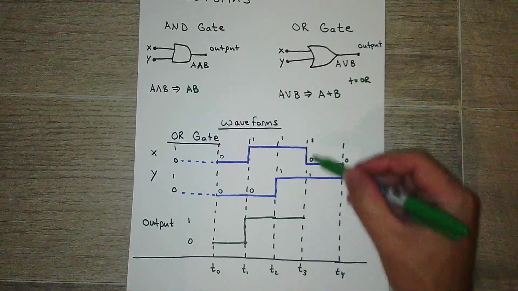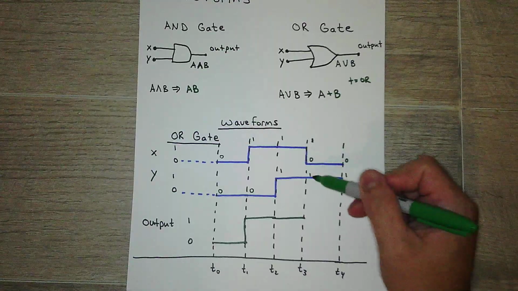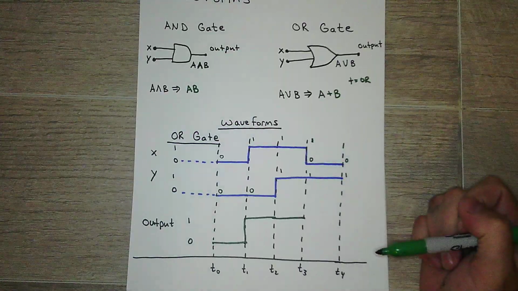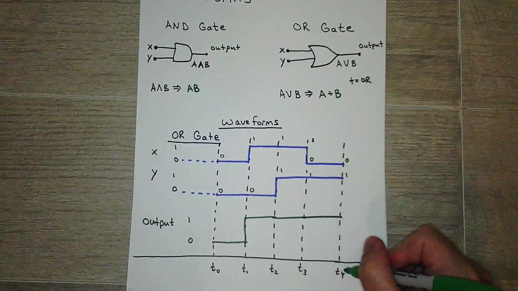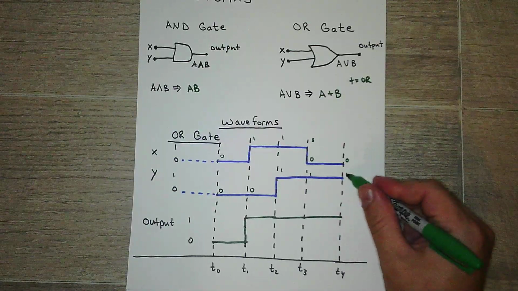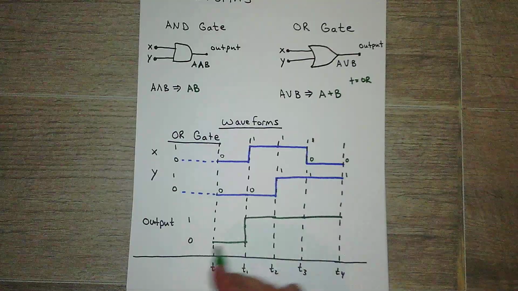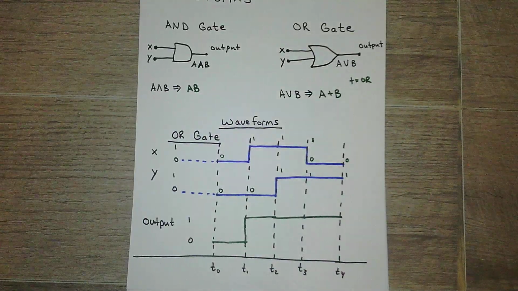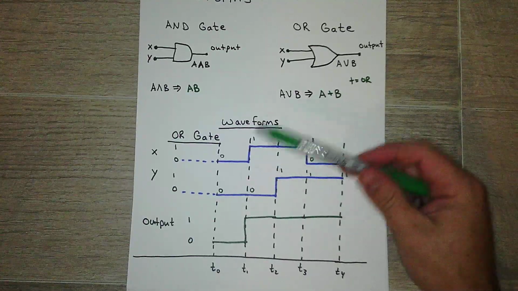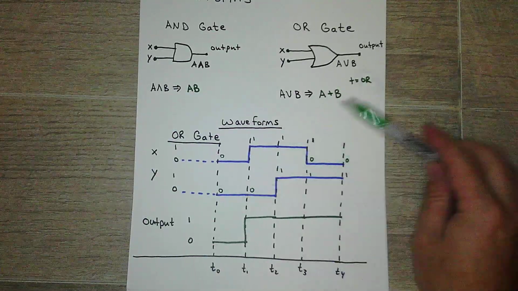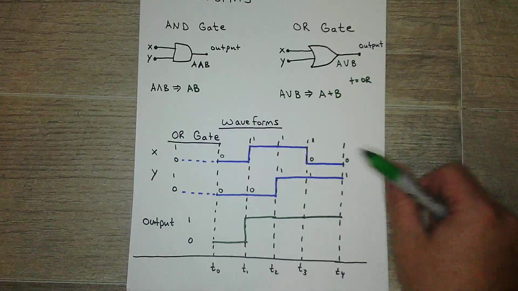What about time 3? X went off, but Y is still on, so the output's still on. And what about at T4? Y is on, but X is off, so at least one of them is on. So that's the output waveform. It's really that simple. If you understood the truth tables first, then you know how to write the waveforms.